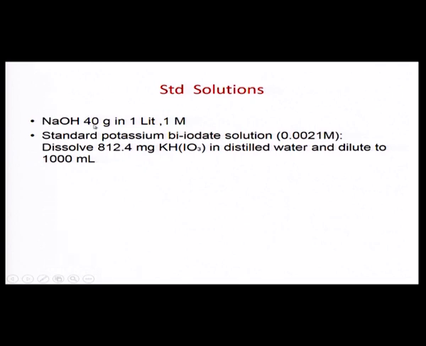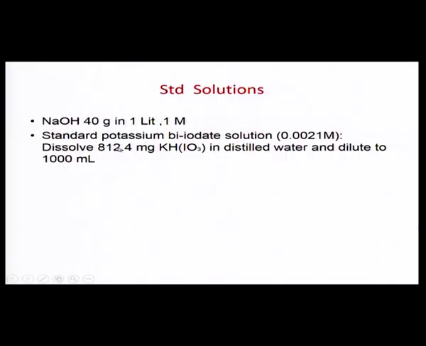So, as I mentioned before, to prepare 1 molar sodium hydroxide, we have to dissolve 40 gram of sodium hydroxide in 1 liter to give you 1 mole of that particular solution. Suppose you want to prepare standard potassium biiodate, which is one of the primary standards. Based on the weight we can calculate the strength of the solution.